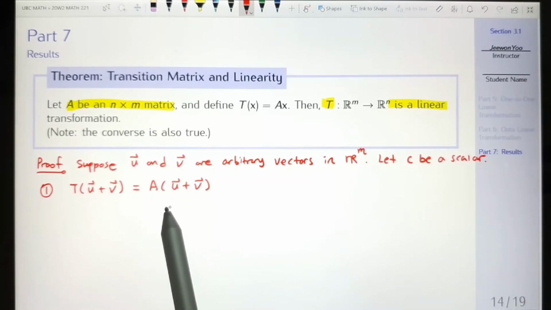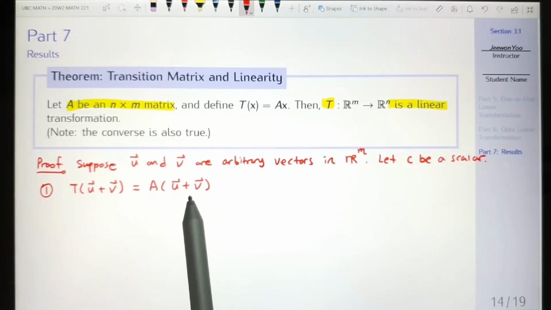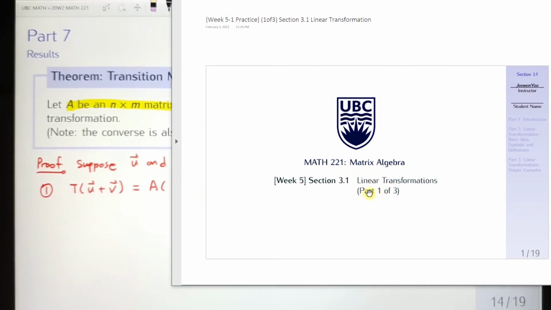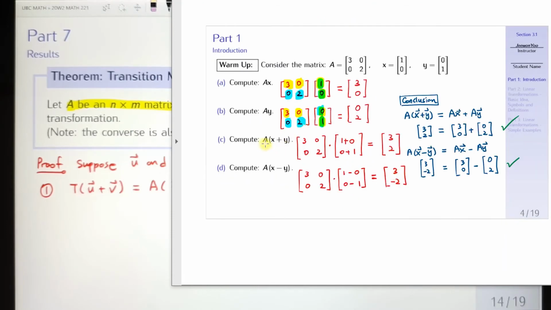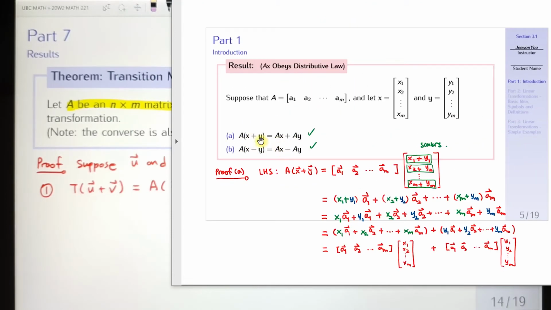Look at this, everyone. A times U plus V looks very familiar from previous lessons. Do you remember linear transformations, lesson number 1? We've seen A times X plus Y. It can be written as AX plus AY.